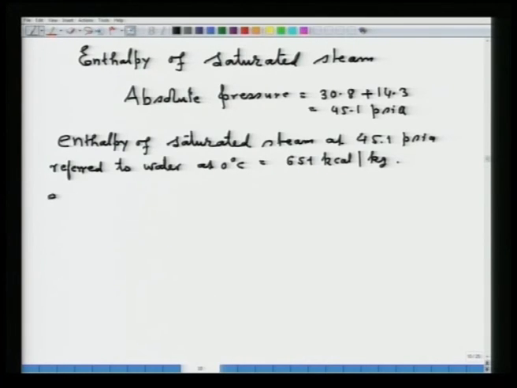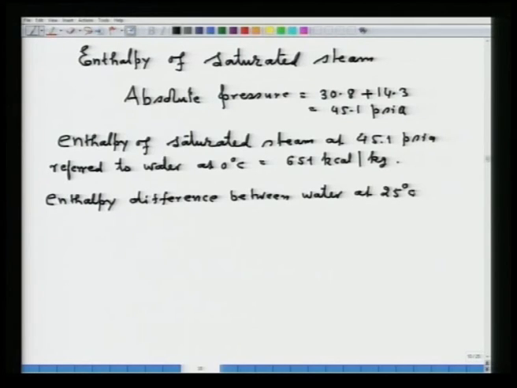Now, the enthalpy difference, because you are supplying at 25 degree Celsius, between water at 25 degree Celsius and at 0 degree Celsius is equal to 24.94 kilocalorie per kg.